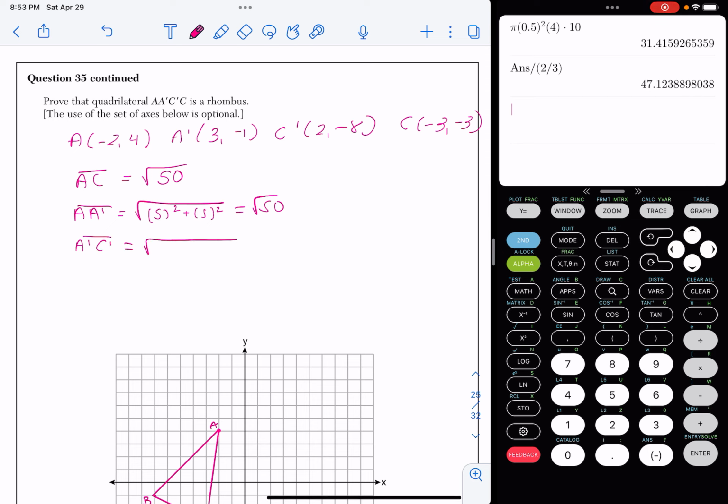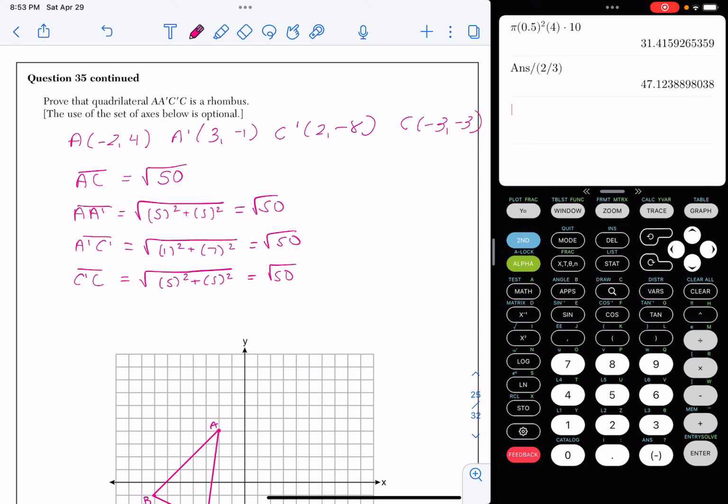When I subtract the x's I get 1, and subtract the y's, I get 7, giving me radical 50 again. And then I have C prime C. Subtract the x values, I have 5. Subtract the y values, also 5. So radical 50. All 4 sides came out to be the same length, so therefore this is a rhombus.